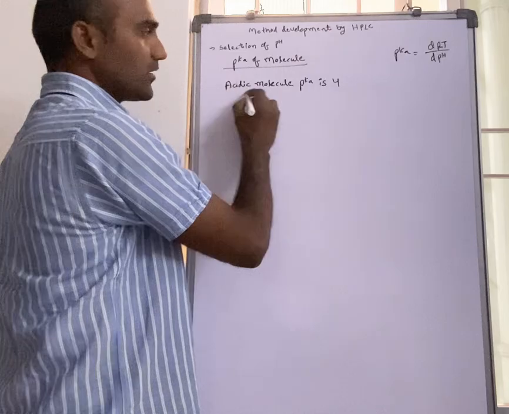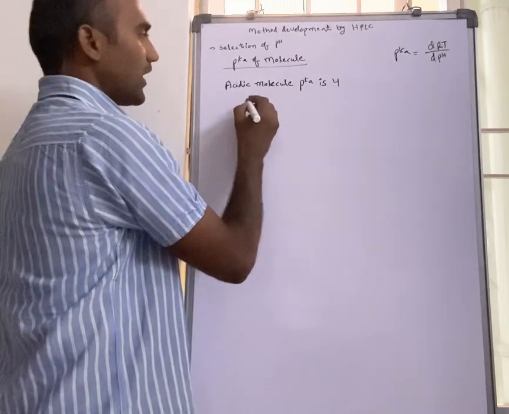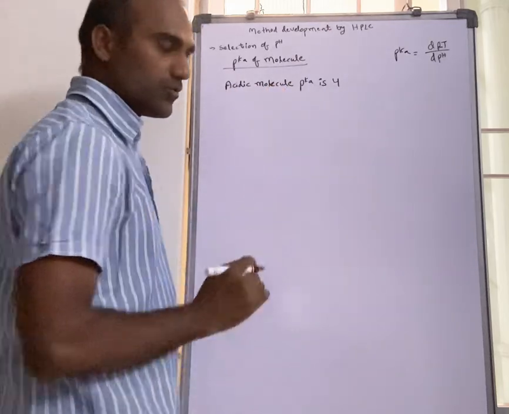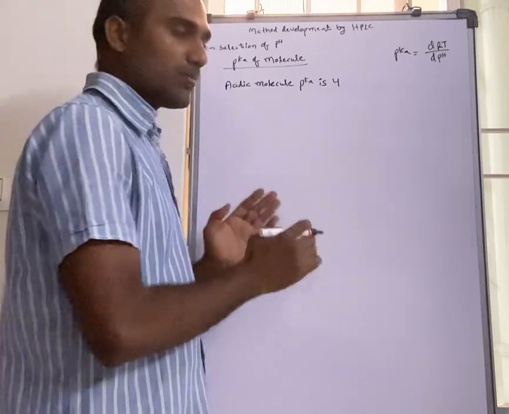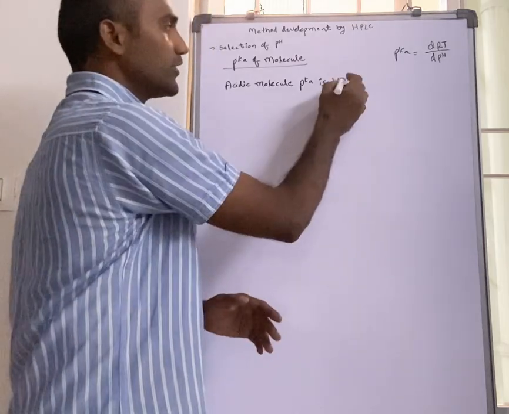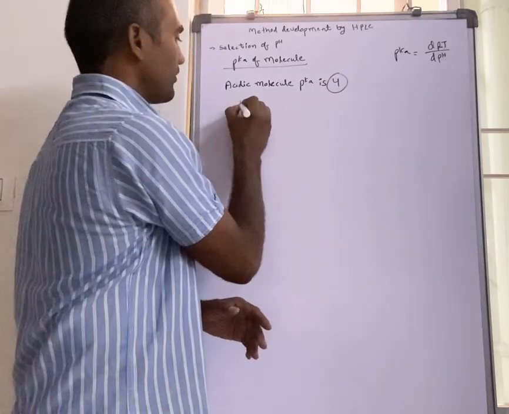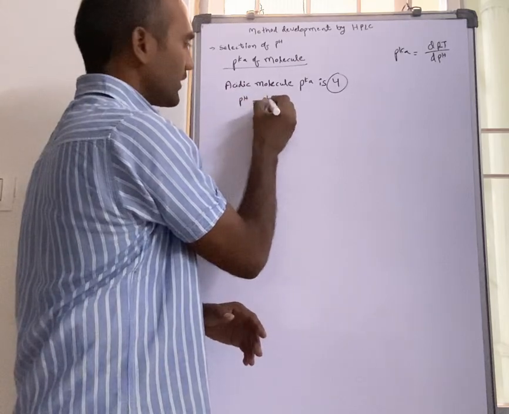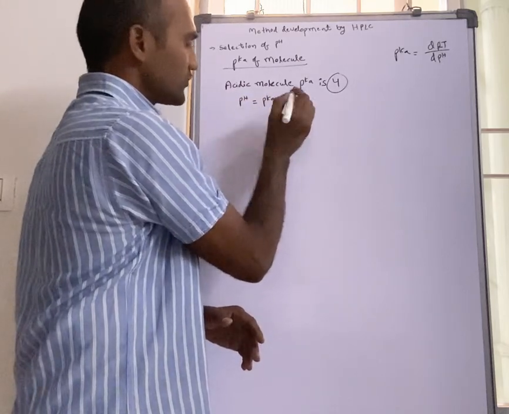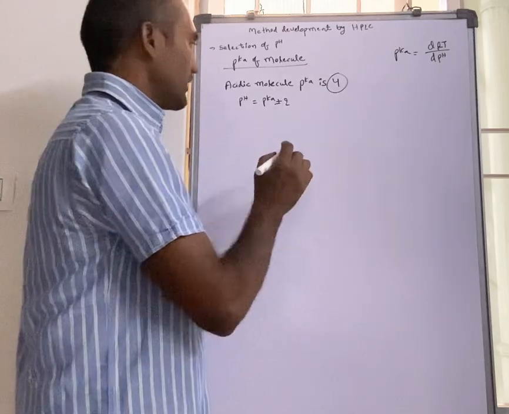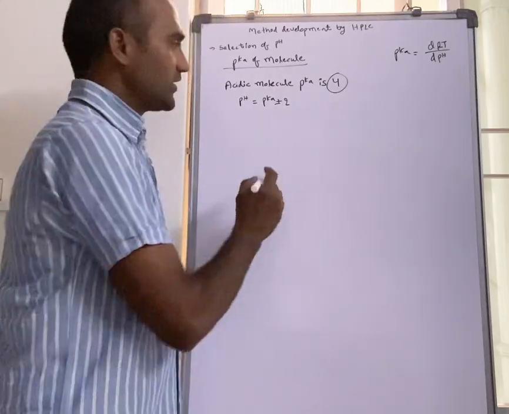For example, if the acidic molecule pKa is 4 and you want to develop a method, the mobile phase pH should be 2 units away from this. So pH is equal to pKa plus or minus 2. I will explain 2 points here.